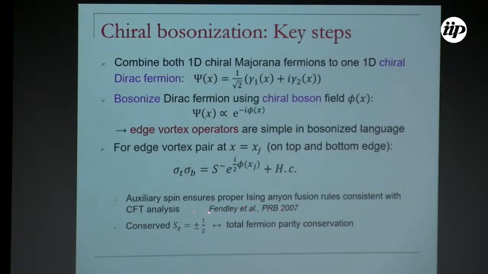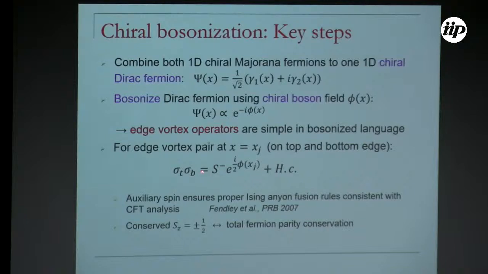They showed by comparing bosonization and a full-fledged CFT analysis that an edge vortex pair at a certain position xj on the bottom and on the top edge, so there's a sigma t on the top and sigma b on the bottom edge, this product is representable by e to the i half phi at this position, but you need an auxiliary spin operator.